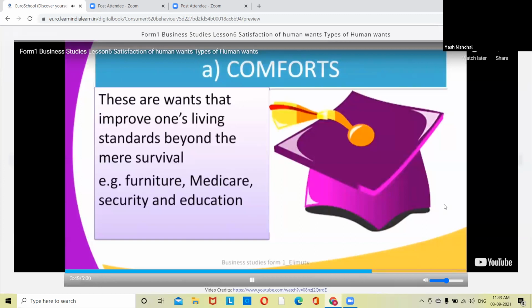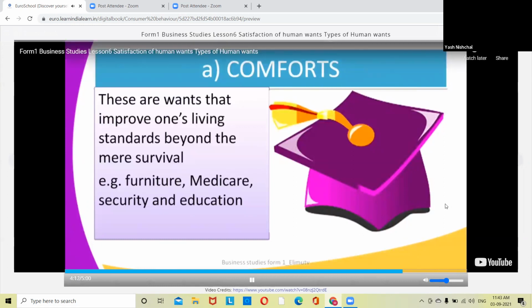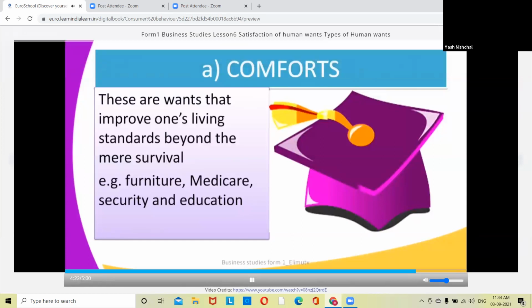You can do without furniture, but if you are in a position to afford it, your life becomes more comfortable. Also security, even education. You can live without education and you still will survive. But if you are in a position to acquire education, get maybe a good job, then your life will be more comfortable. So education is a comfort. Medical care is a comfort. Security is a comfort. Furniture is a comfort, and many others.